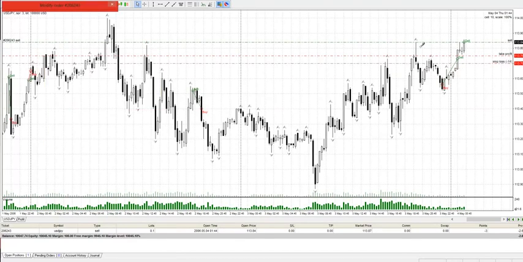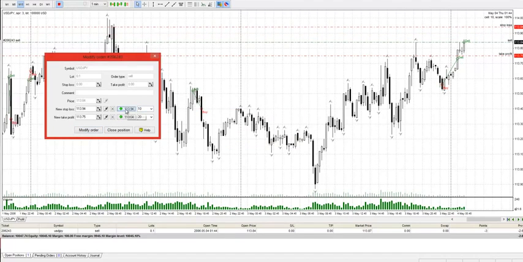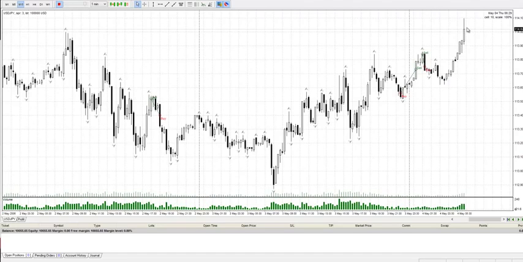So I'm selling against this. Stop loss is about 1 grid above. Take profit is at the previous fractal. Apparently the stop loss was too small for this platform, so I have to put it as 6 pips. Okay, take profit.